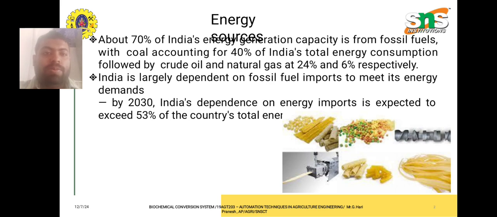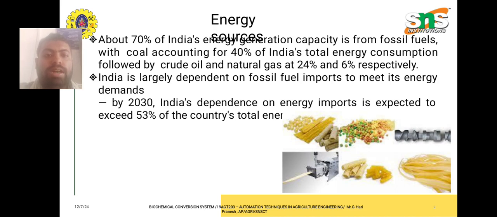The three important fossil fuels are coal, petroleum and natural gas. Coal is 40%, crude oil, which is petroleum, is 24%, and natural gas, like LPG, methane, ethane, etc., is 6%.